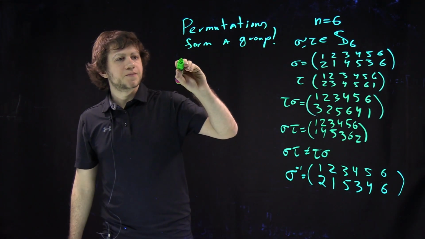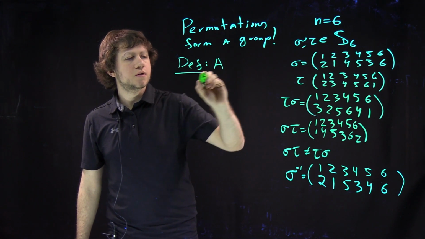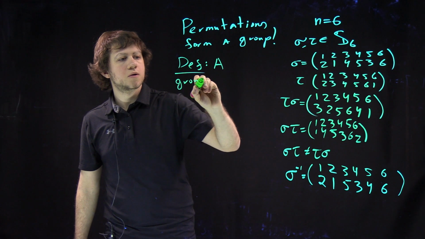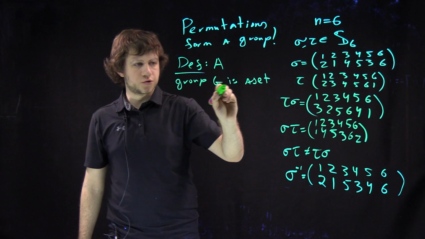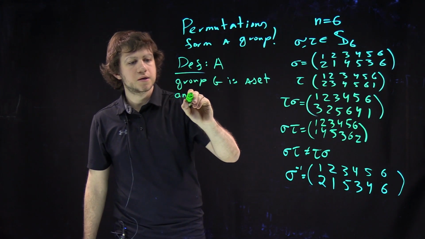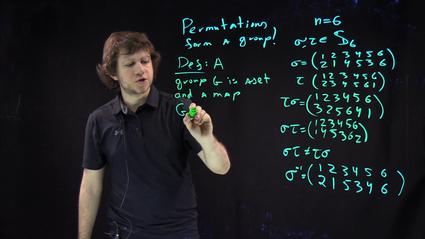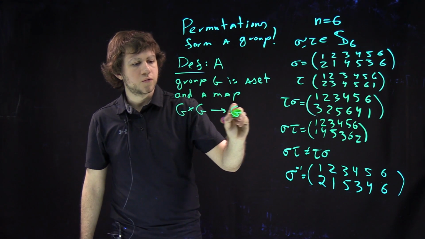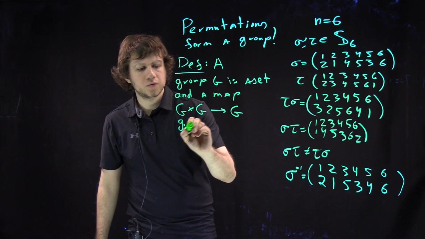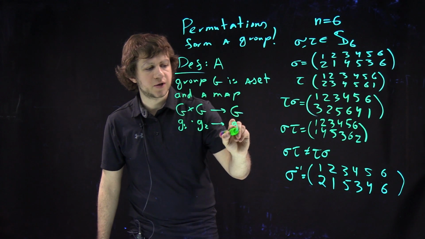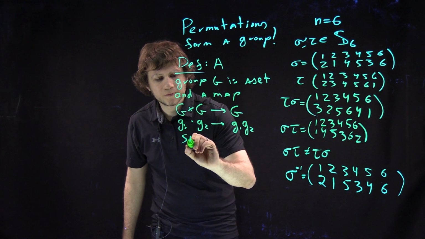Let me define that. So the definition is as follows. A group G is a set, which is also called G, and a map from G times G to G, which is called multiplication, if you wish. So if you have two elements g1, g2, you just multiply them.